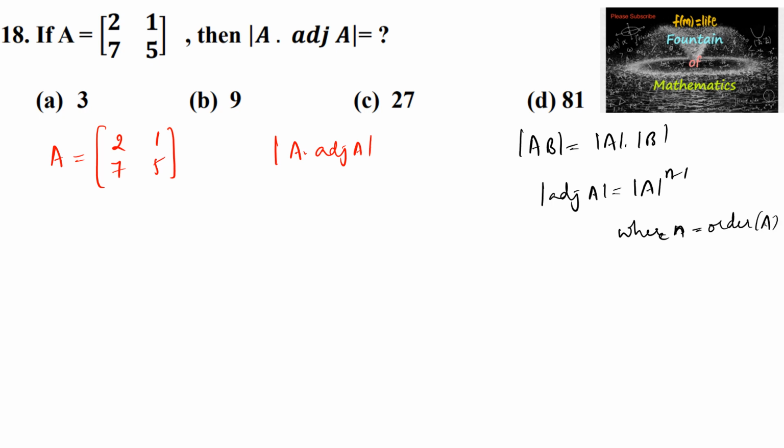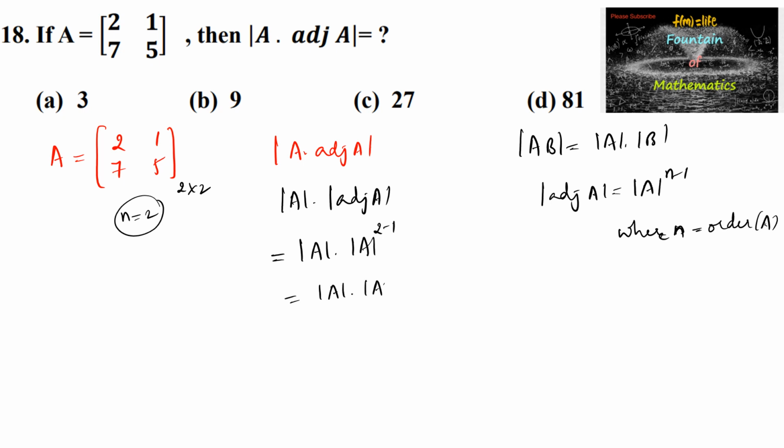So here determinant of A into adjoint of A is equal to det A into det A to the power of n minus 1. Here n is equal to 2 because it is a 2 by 2 matrix. So 2 minus 1, that is det A into det A to the power 1, that is det A whole square.